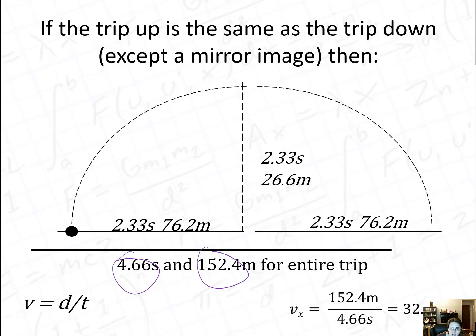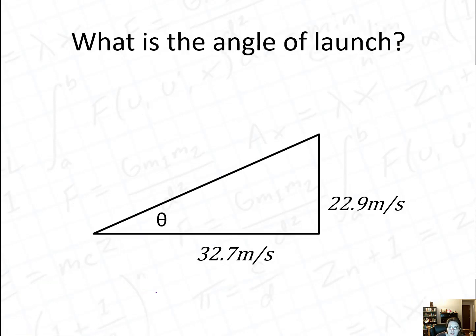And we will get 152.4 meters divided by 4.66 seconds, which is 32.7 meters per second. And we're using our friend v equals d over t because there isn't any kind of acceleration in the x direction. There isn't a force to create an acceleration. So it's the v equals d over t, same as we did for horizontally launched projectiles.